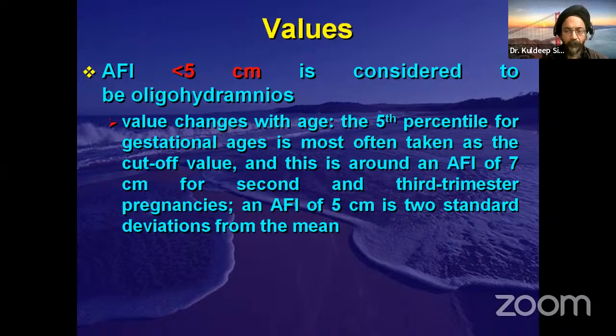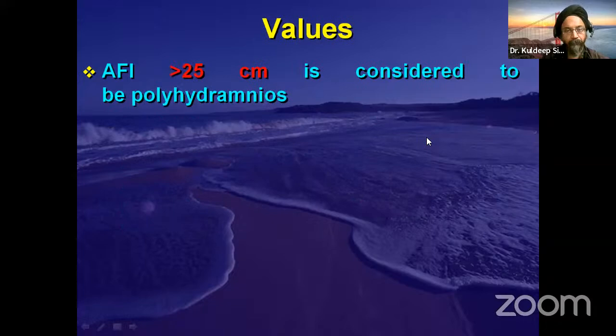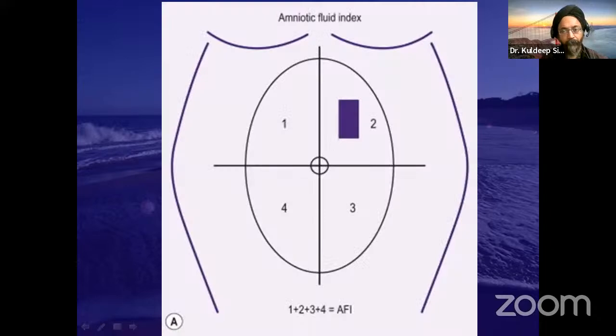That is basically below the 5th percentile. Some people say that if it's between 5 to 8, you can start thinking about borderline, but strictly speaking, we're taking as less than 5 centimeters. Something which is more than 250 millimeters, more than 25 centimeters is considered as polyhydramnios.